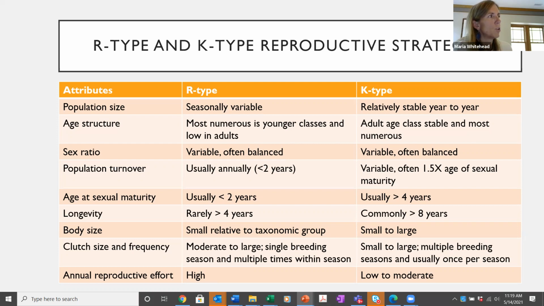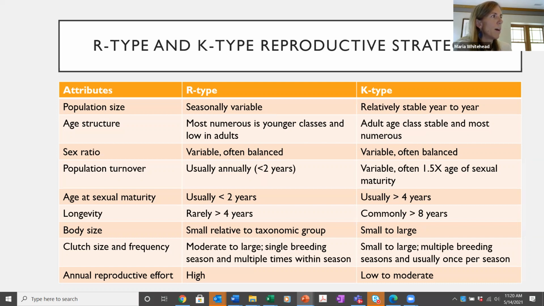The sex ratio can be variable. They have a population turnover of less than 2 years and often reach sexual maturity in less than 2 years. And they rarely live over 4 years. So think mice and other small organisms, some fish and frogs.